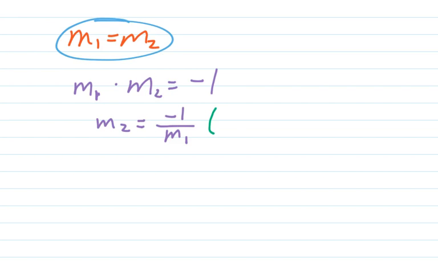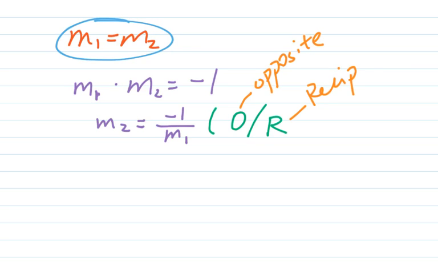You can remember it as O and R. O stands for opposite, and R stands for reciprocal. So if you want to find the slope of a perpendicular line, you have to do opposite and reciprocal together to figure it out.